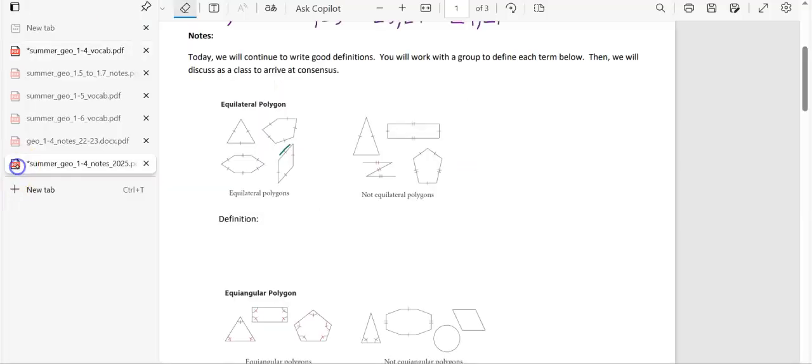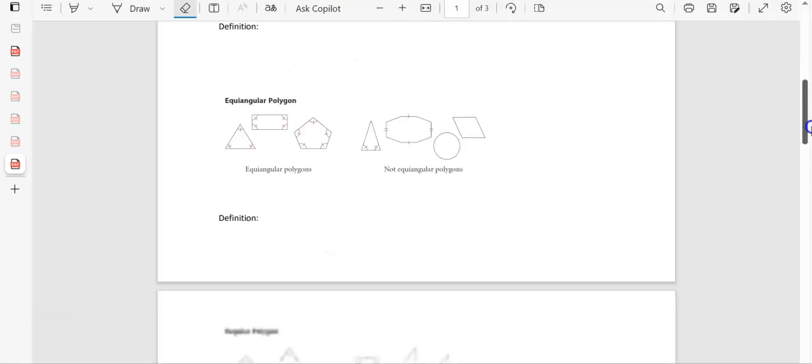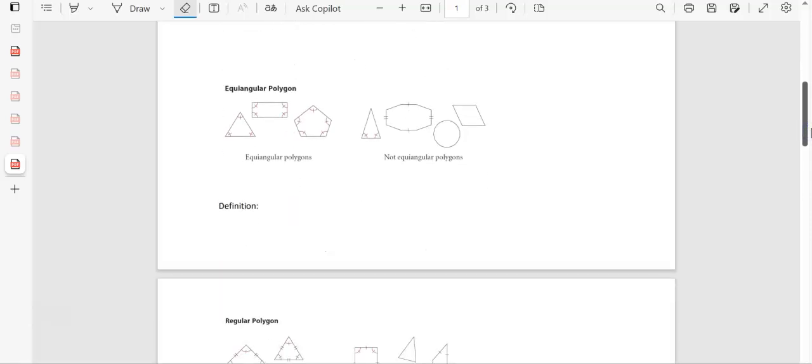Our next definition is an equiangular polygon. Again, looking at these examples, we have triangles, quadrilaterals, pentagons. So we have different numbers of sides, and all of the angles are marked as congruent.